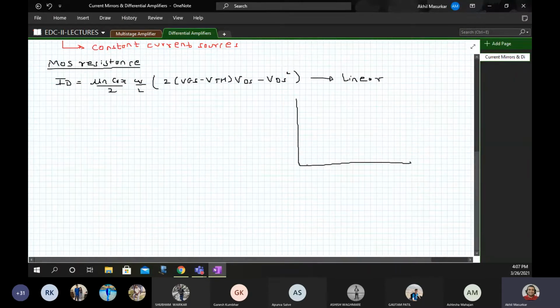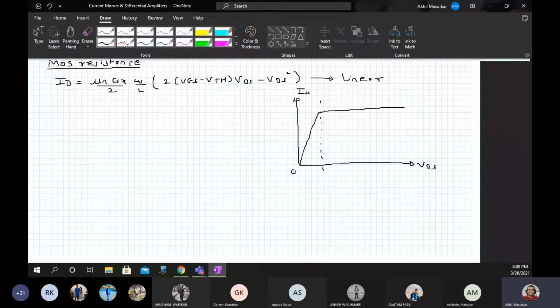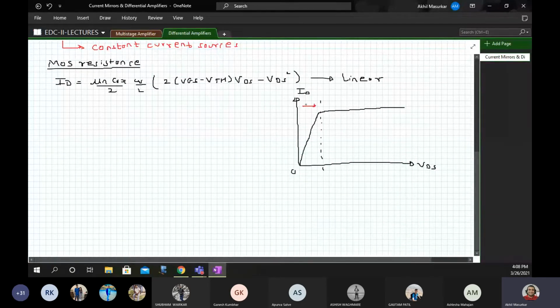If this is the output characteristics, then this is ID, here we have VDS, and the demarcation line. Here this region is called linear, and this region is called saturation, and this point is VGS minus VTH.